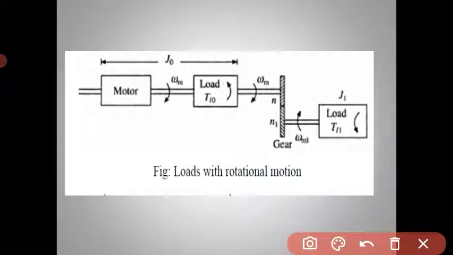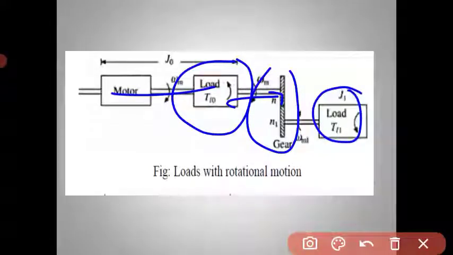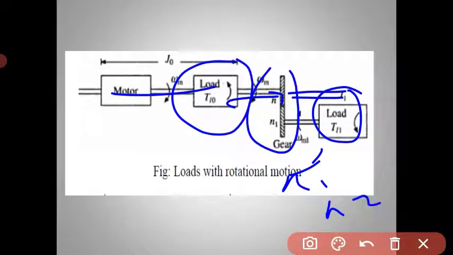Here this is a motor, which is directly coupled to one load, and the next load is taken through the gearing system. Next it will be taken for different loads TL1, TL2 with different gear teeth ratios, A1, then the next gear reduction system A2 and load TL2, and moment of inertia J1.